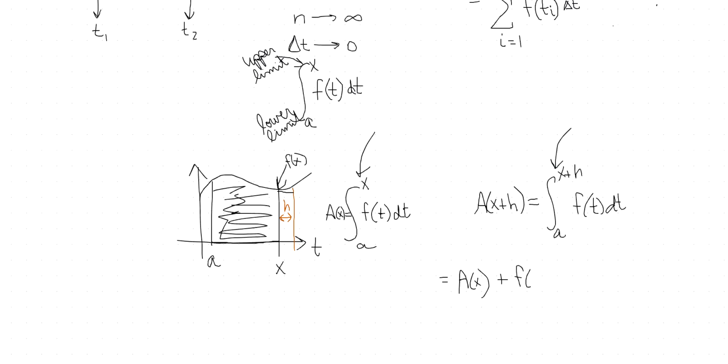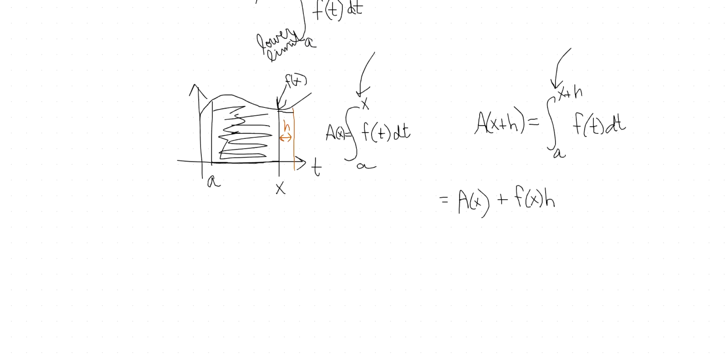Now, we're going to do a little bit of algebra, very simple. A of x plus h minus a of x. If we've just subtracted a of x from the right side, that shall leave us with f of x times h.